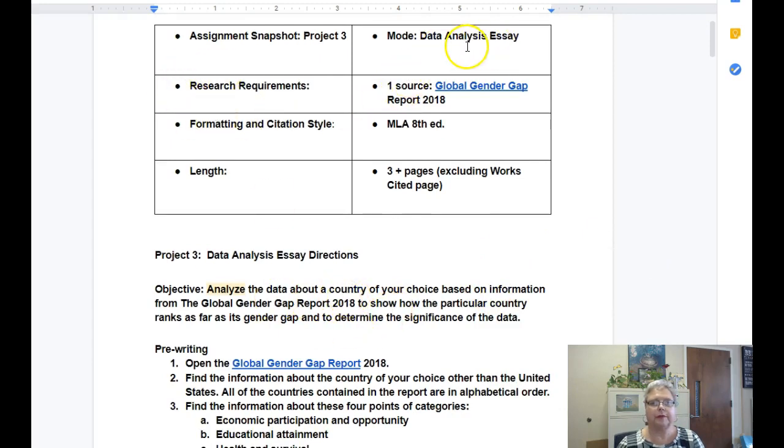You can just say, this is a data analysis essay in MLA 8th edition format. It has to be 3+ pages, excluding my works cited page, and the objective is to do this. And you could just copy and paste that on the Smart Thinking when it asks for a description.